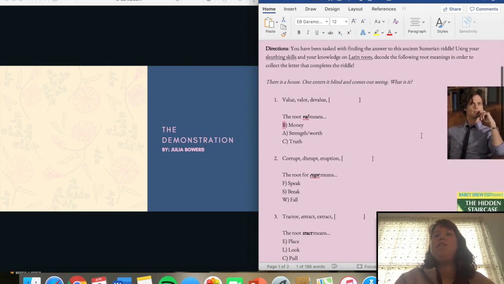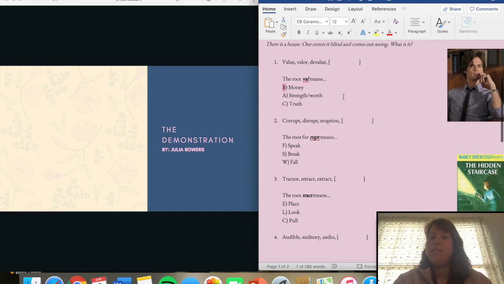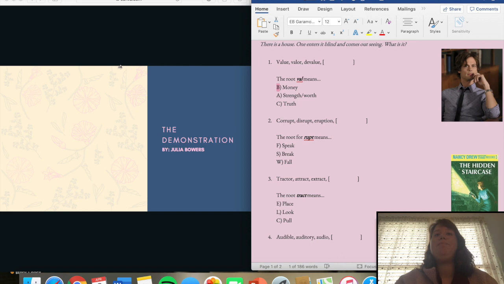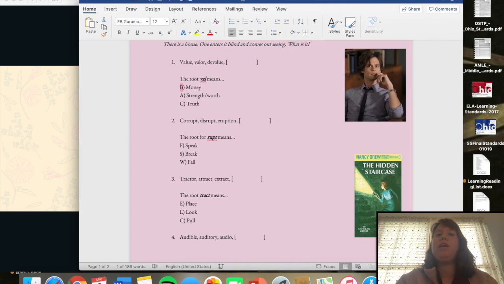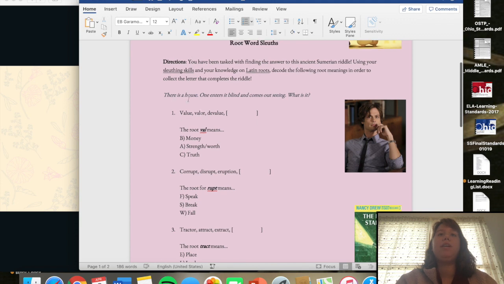On this worksheet, I put a bunch of sleuths that can help you and encourage you along the way. But we'll go through the first two just as an example. Let me bring this a little bit bigger here for you. Let's first look at the riddle. There is a house, one enters it blind and comes out seeing.